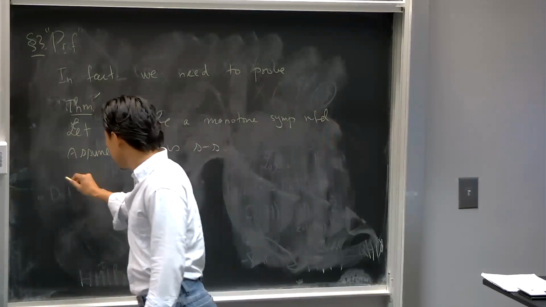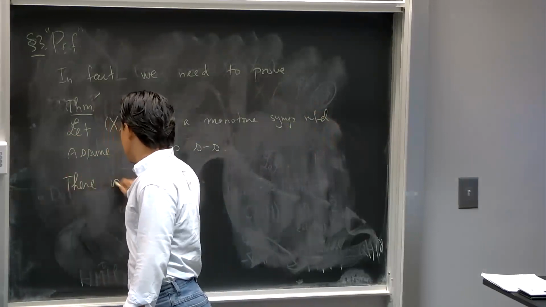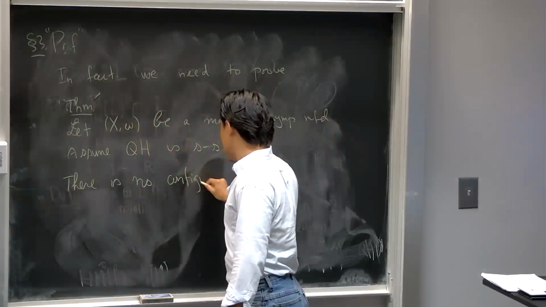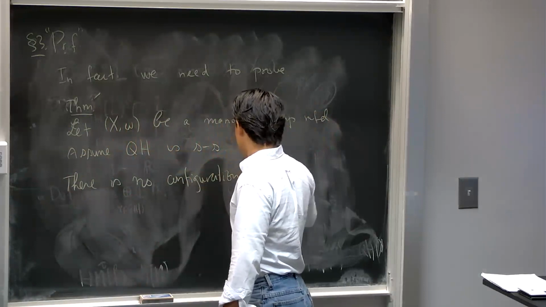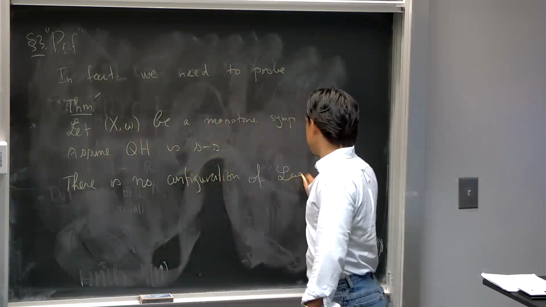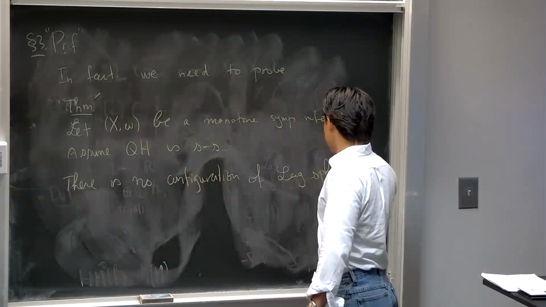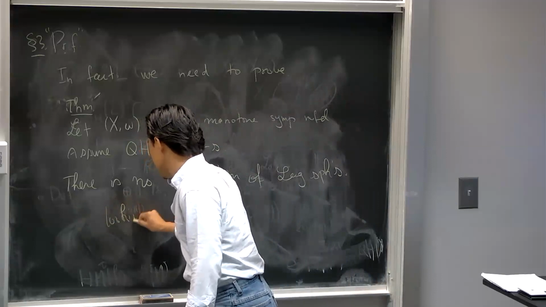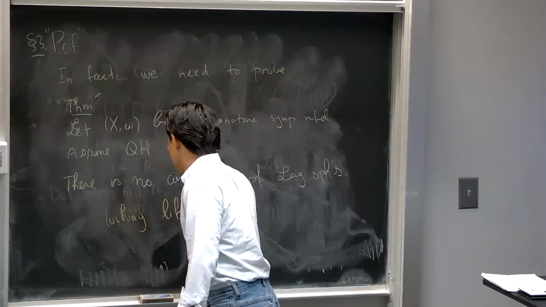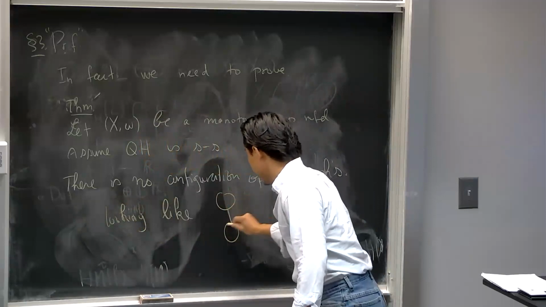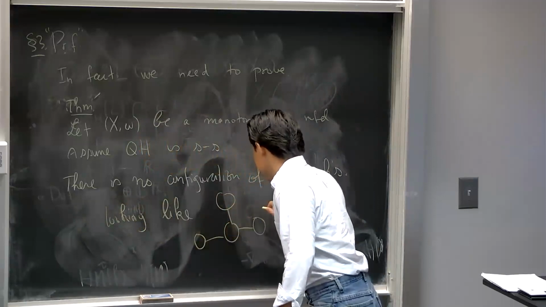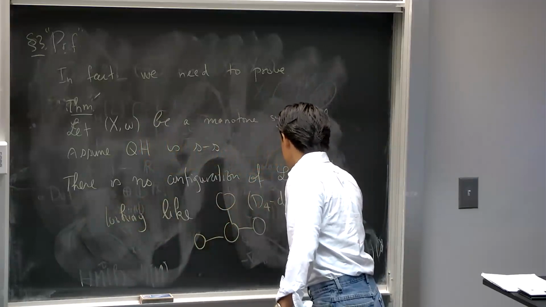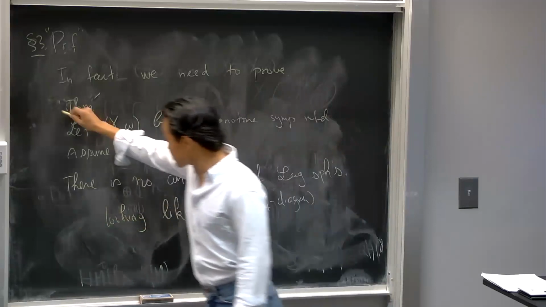And then there is no configuration of Lagrangian spheres looking like the D4 Dynkin diagram.